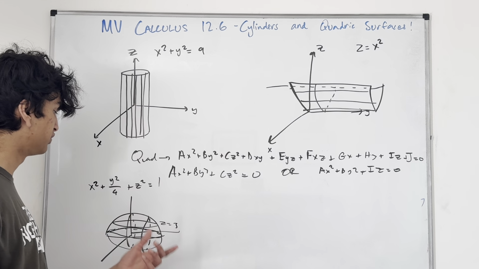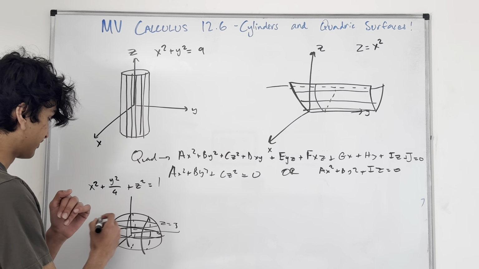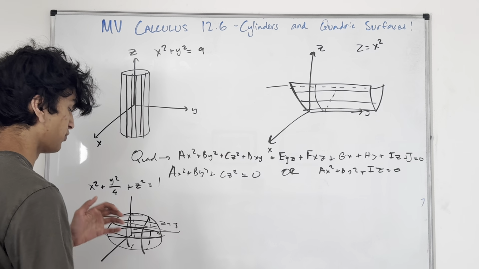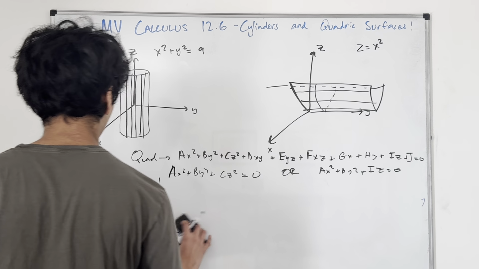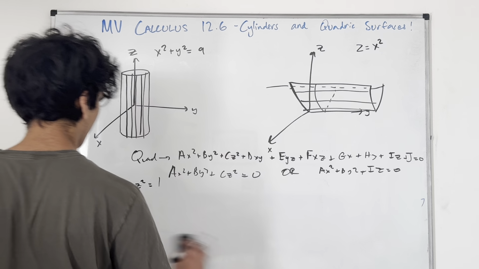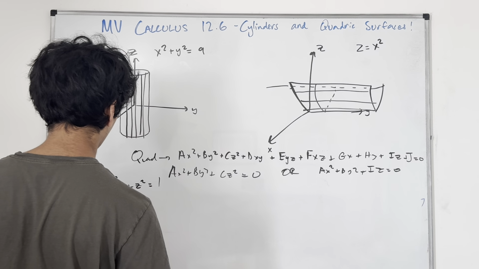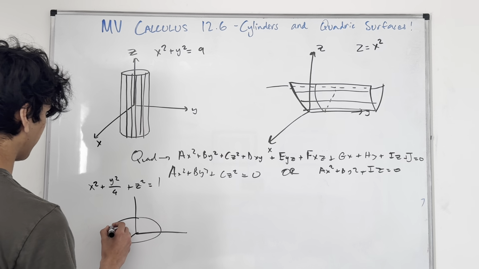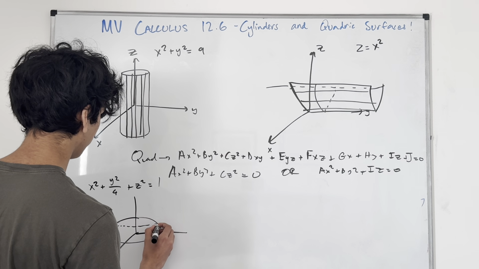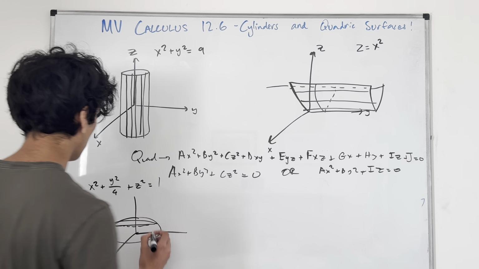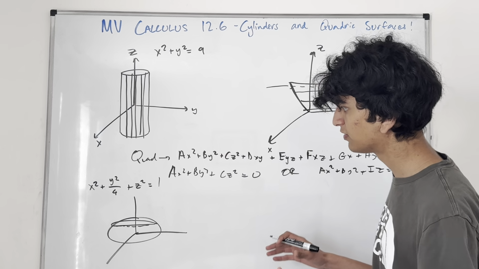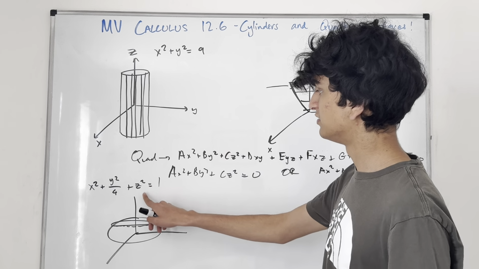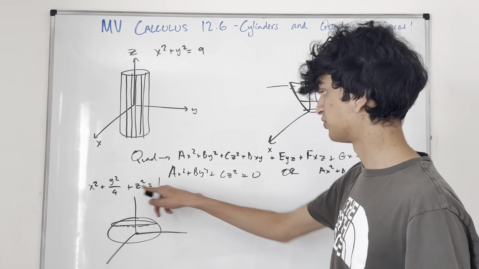I got to get in the habit of doing that. But if I were to slice this by a plane, it gets really hard to draw these things. But the point I'm trying to make is that along this z value, all the z points are constant, but now z is not 0. It could be like z equals 3.